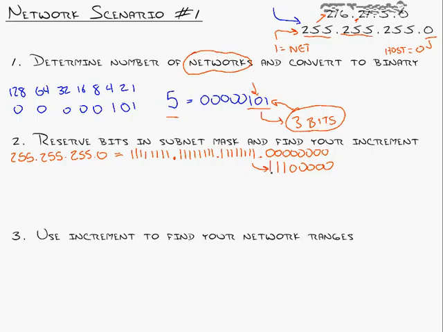It doesn't really matter that 5 was 101. I'm looking for 3 more network bits. So I just add 3 more right where my network bits leave off, left to right, 1, 2, 3.